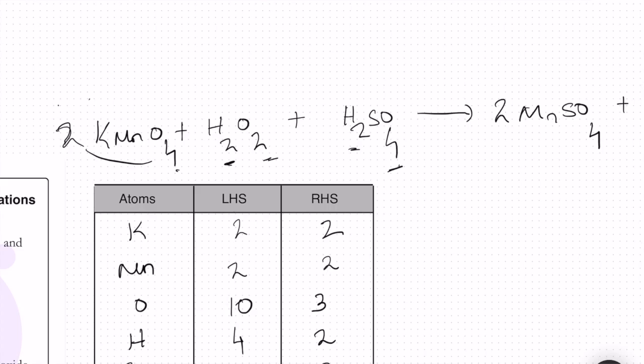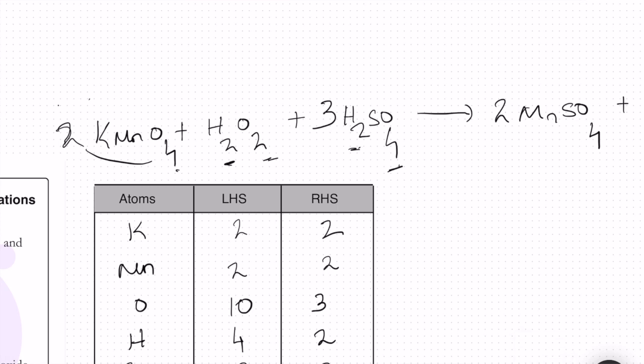So let's move on to balancing the number of SO4 here. We'll multiply SO4 by 3. Since we have 3 on the RHS, we'll multiply the same thing to LHS. So that makes the SO4 to be 3. So how does that change hydrogen in our case?